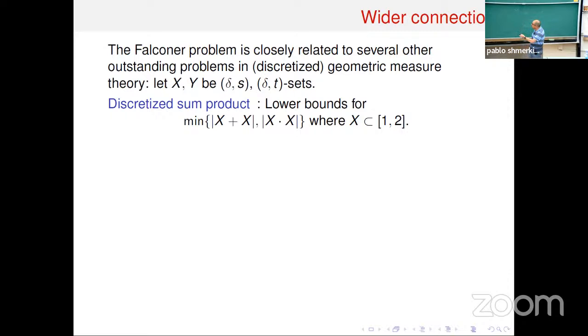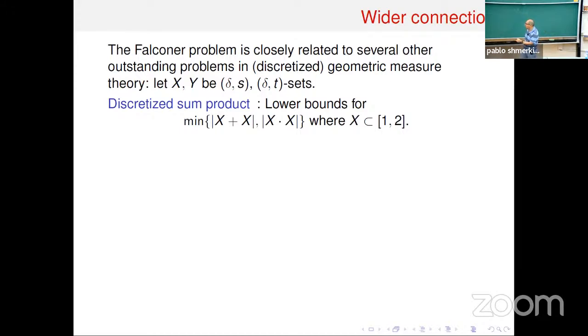All of them have Hausdorff dimension formulations, but really the interesting part is looking at the delta-discretized versions. In all of the things that I'm going to mention on this slide, we have sets which are unions of delta balls, and they look S-dimensional or T-dimensional in the sense that I defined a couple of slides ago. If you don't remember it, it doesn't matter. So imagine sets of dimension S or T defined down to some resolution delta.